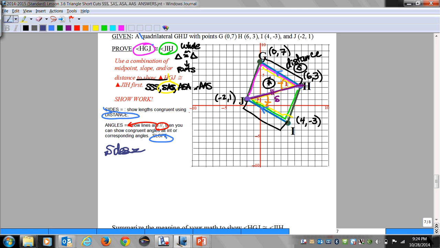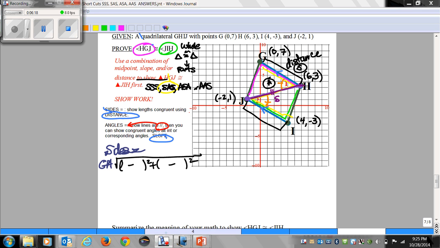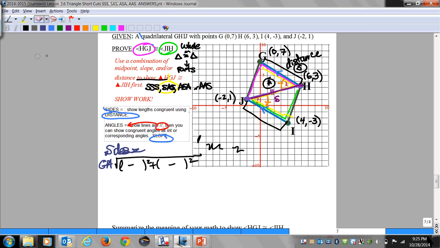The way I'm going to do that is I'm going to find the distance of GH, and I'm also going to find the distance of JI. Make a template.